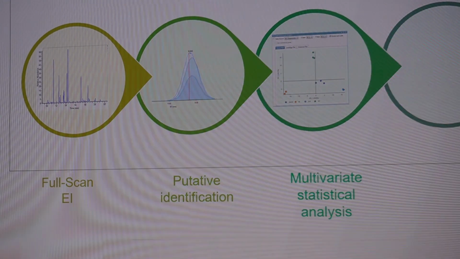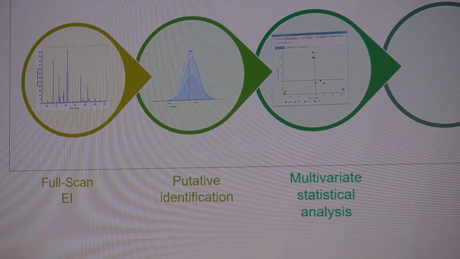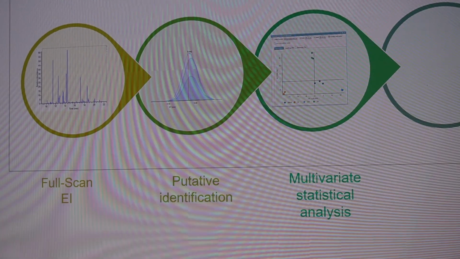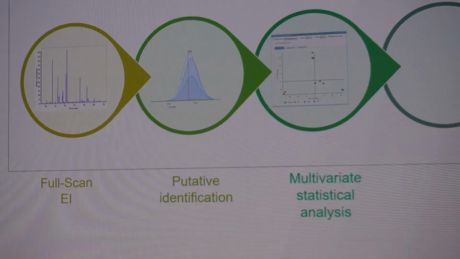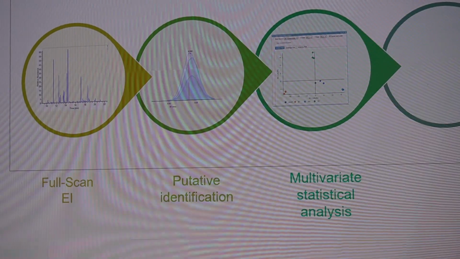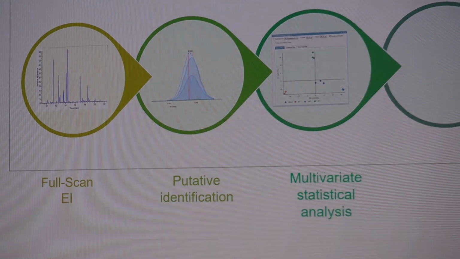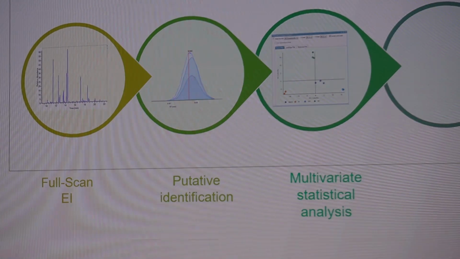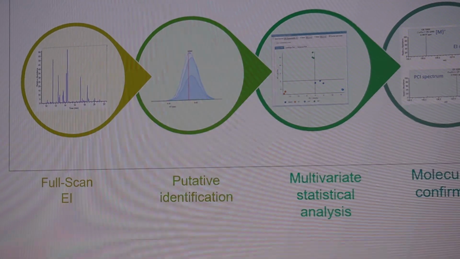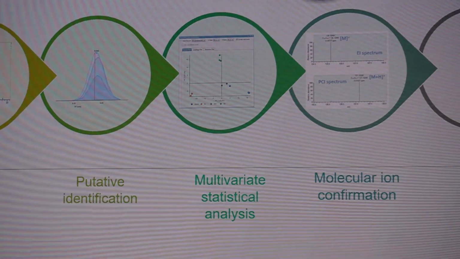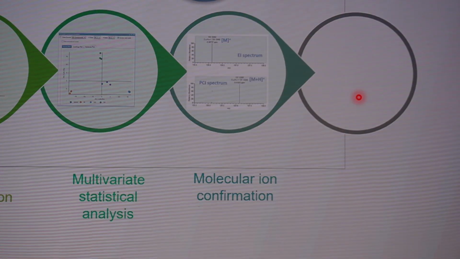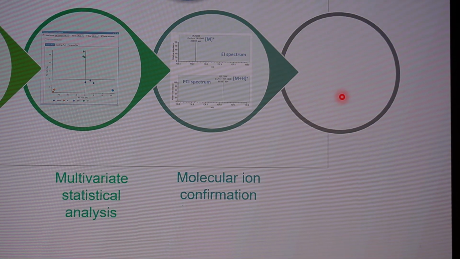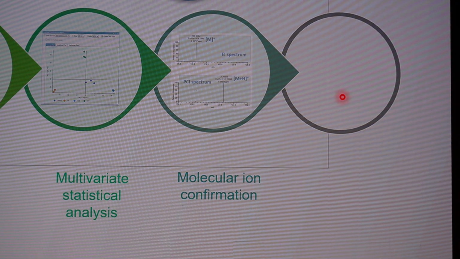In parallel, if you require statistical analysis, you can show the differentiation between two or three different samples, how they are different from each other, and which chemical marker compounds clearly distinguish these samples. Then you can further confirm the identified compounds with respect to their MSMS pattern as well as parent ion confirmation.